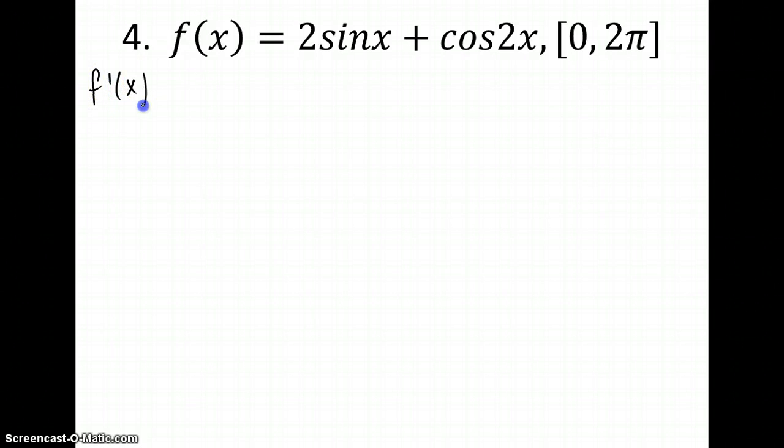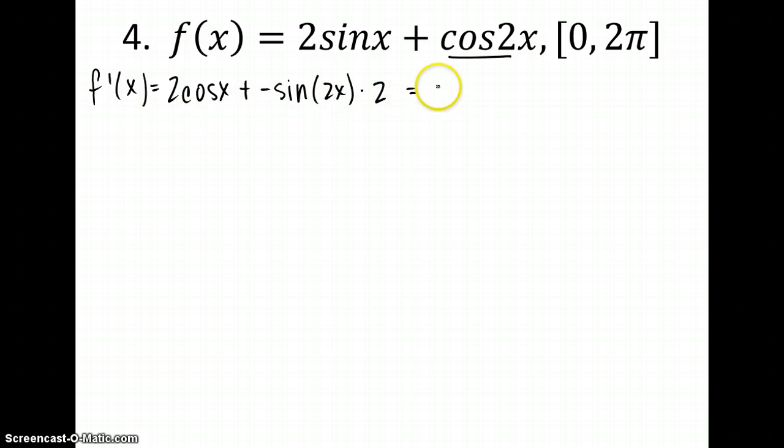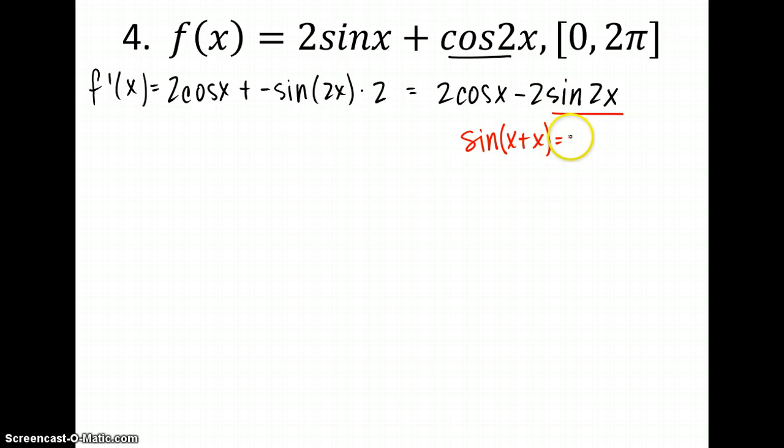Okay, first derivative, 2 cosine x. Using chain rule for this, negative sine of 2x times 2. So my derivative would be 2 cosine x minus 2 sine 2x. Okay, now to find where the derivative equals 0, I'm going to use sine of 2x would be sine of x plus x, and then our rule for that, sine of the first, cosine of the second, keep the operation the same, cosine of the first, sine of the second.